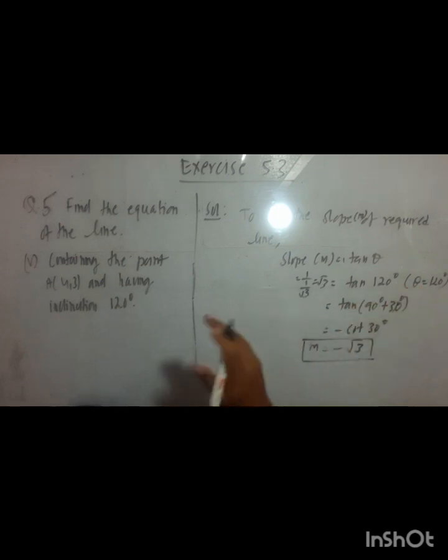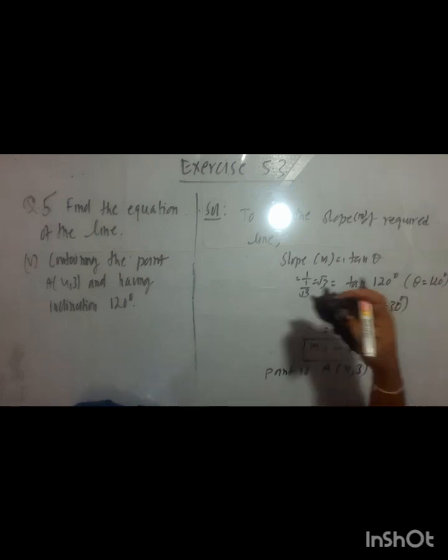Now the point is given and the slope we have also determined. The point is A (4, 3).